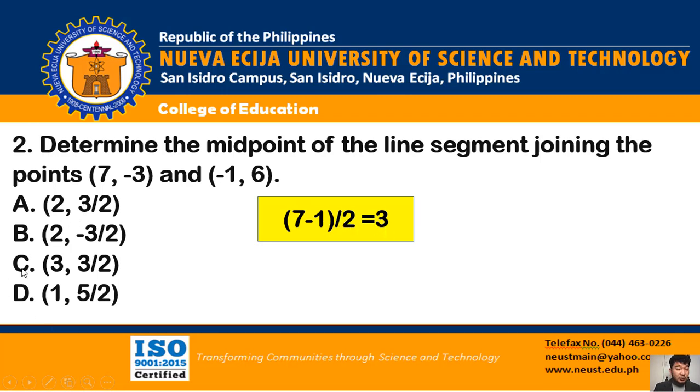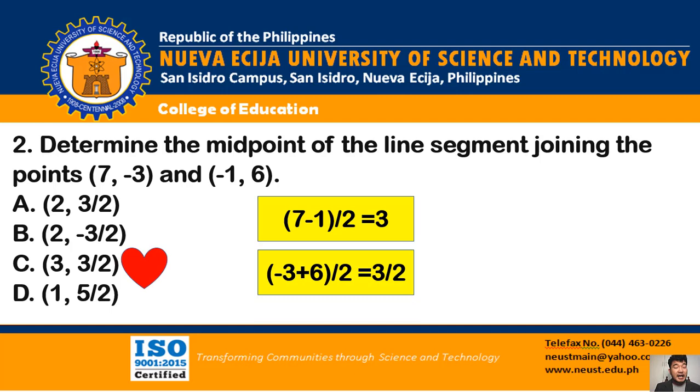As you look into the 4 choices in this problem, the only letter with x which is equal to 3 is letter C. So right away, you can already answer letter C. But if you want to check if your answer is right or wrong, then you proceed to adding the y's, then divide it by 2. -3 plus 6 is equal to 3 divided by 2 is equal to 3 halves.